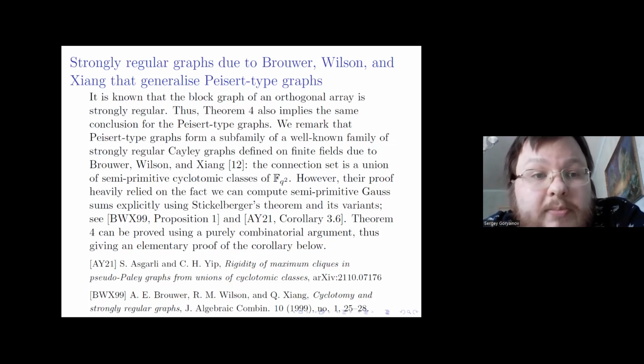However, their proof heavily relied on the fact that we can compute semi-primitive Gauss sums explicitly using Stickelberger's theorem and its variants. See the references. And theorem 4 can be proved using a purely combinatorial argument, thus giving an elementary proof of the corollary below.